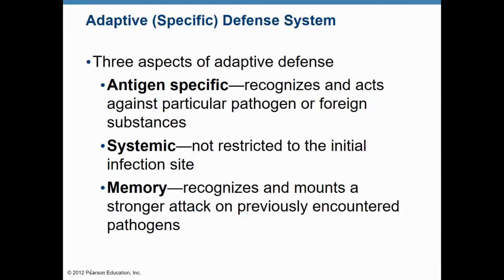It is systemic, which means it is not going to be restricted to the initial site of the infection. The whole entire body is going to kind of jump on board to try and fight this infection. And it has memory. And this means that the adaptive immune system has the ability to recognize and mount an even stronger attack on an antigen that it has previously seen.